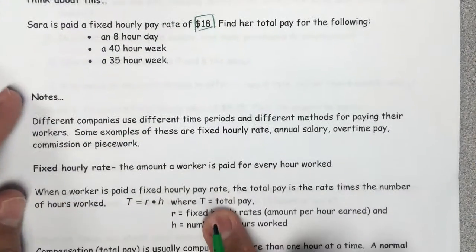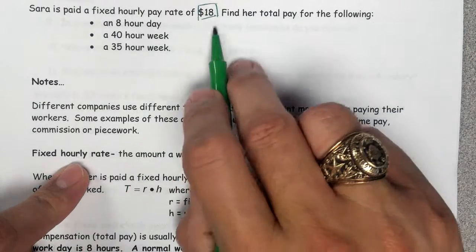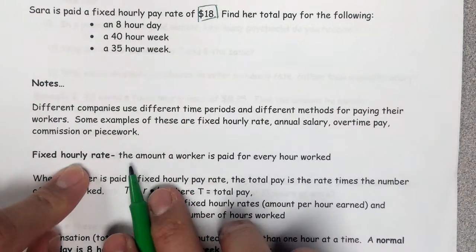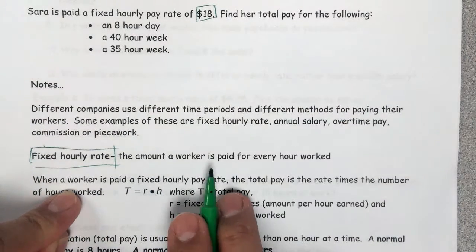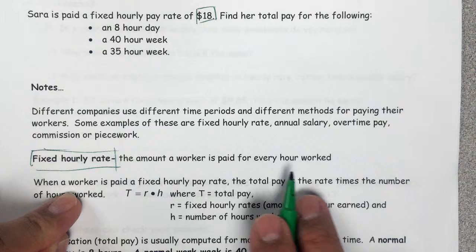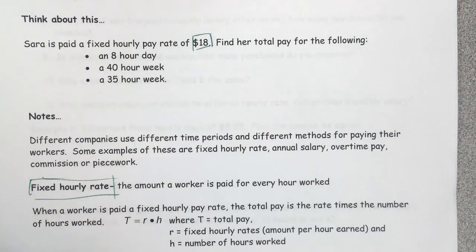Now I'm going to skip down here a second, and it shows us our fixed hourly rate. That's the amount the worker is paid for every hour they work. So every hour Sarah works, she gets paid $18.